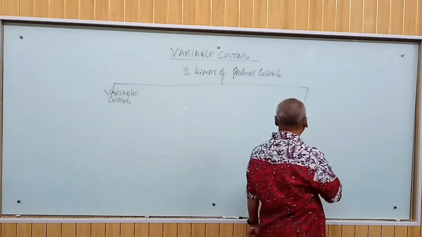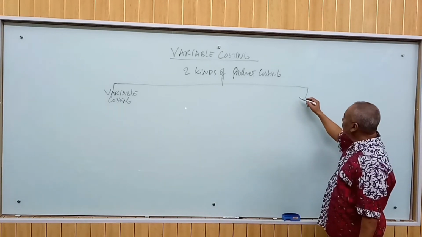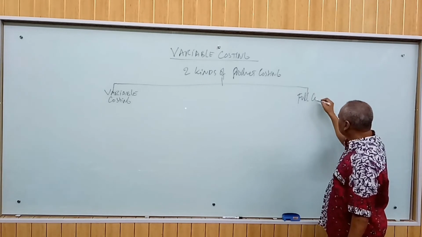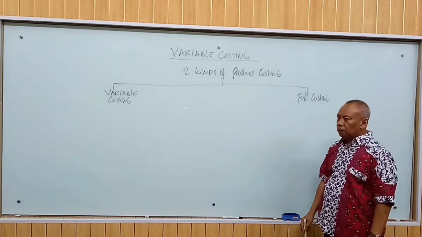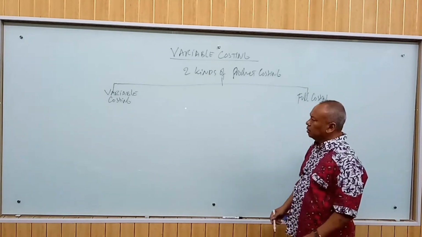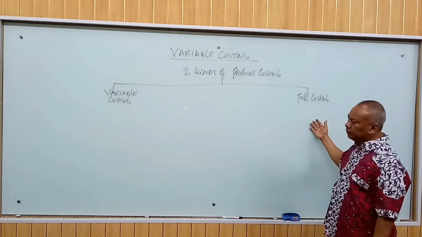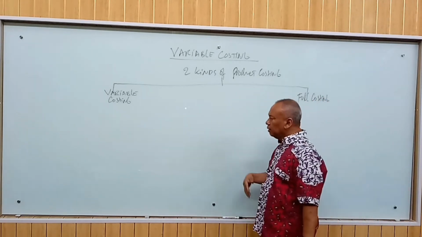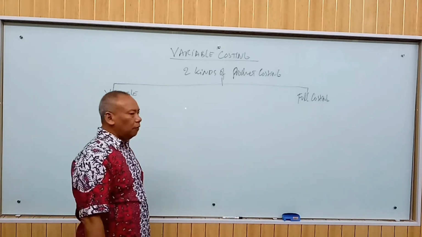Secondly, is full costing. What are the differences between variable costing and full costing? How do we define the variable costing and how do we define the full costing?